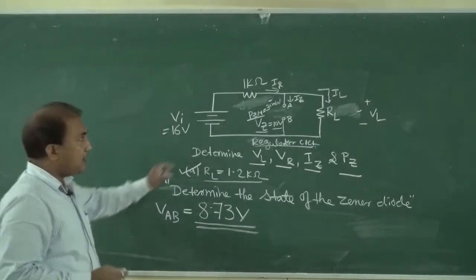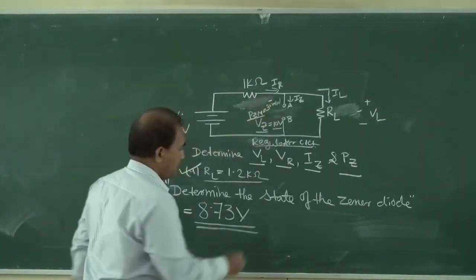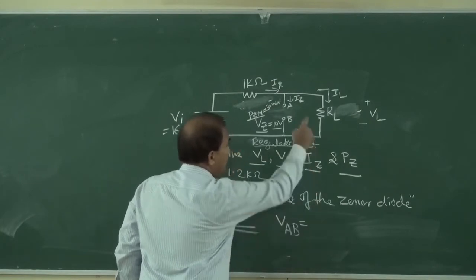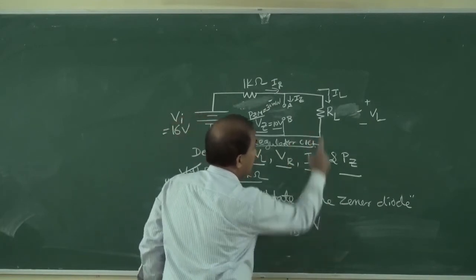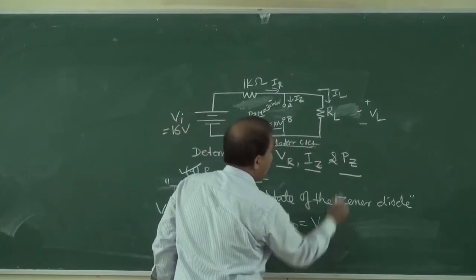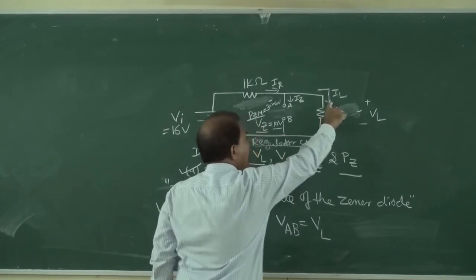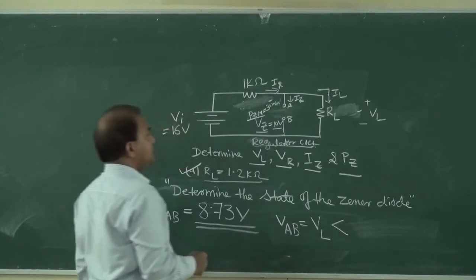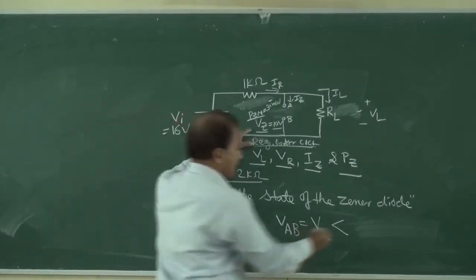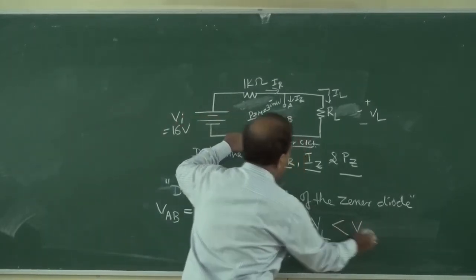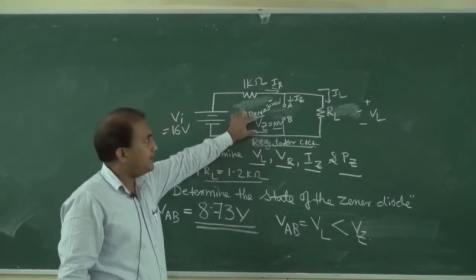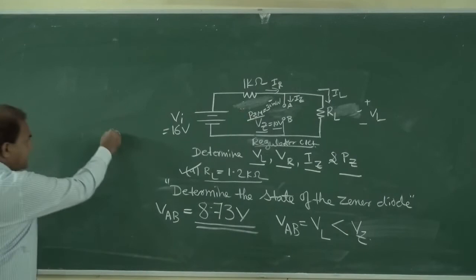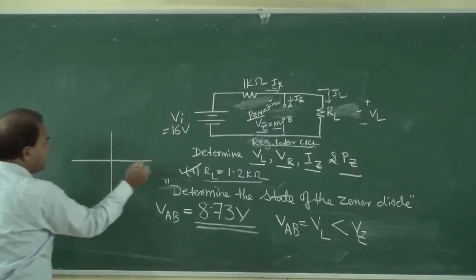Okay. Now this VAB, voltage across AB, which is equal to VL, that is voltage across RL, is less than Vz, that is the breakdown voltage of the diode. Then under this case, you can see the VI graph.